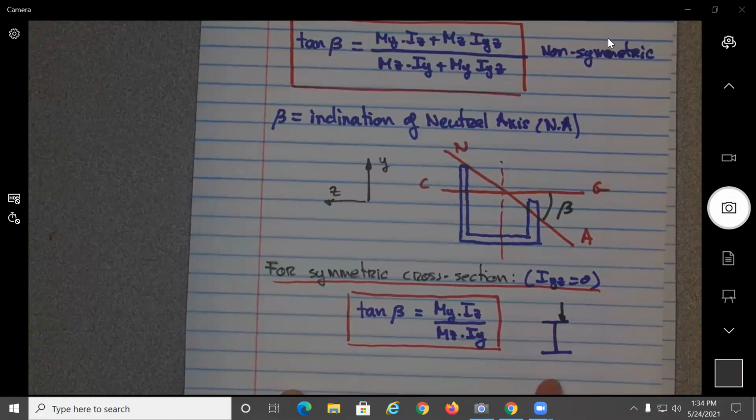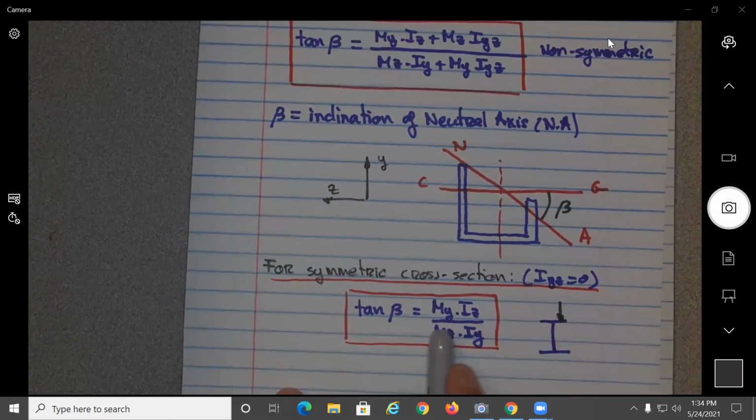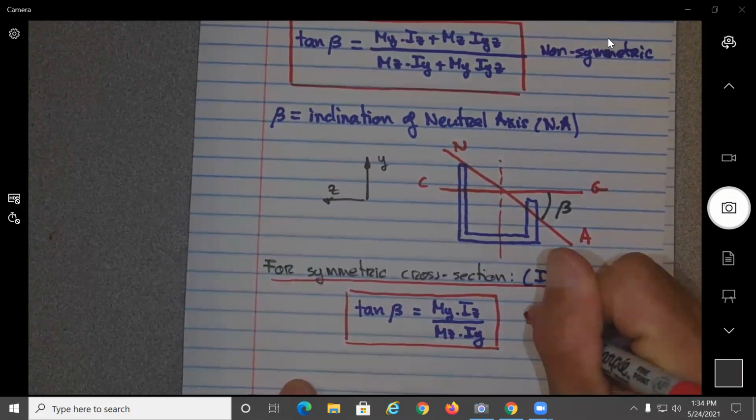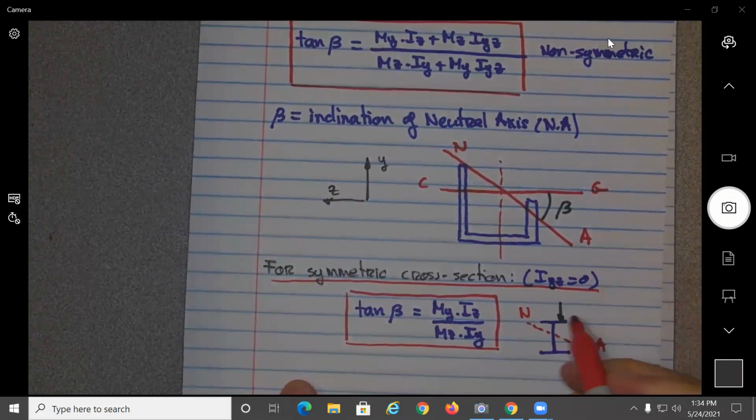This, in addition to bending, is also going to twist, no? So you see that this will create moments. So in that case, let's say probably the neutral axis will be something like this, where this will be the angle beta. So, okay, you can also have the inclination of the neutral axis if the load is not being applied at the center of gravity.